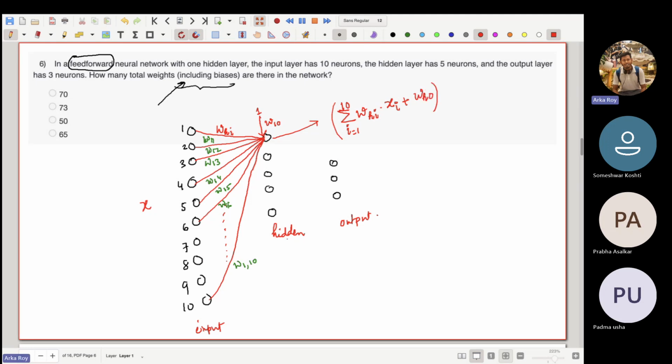And because we are talking about the first neuron in the hidden layer, here I can write H equals 1.